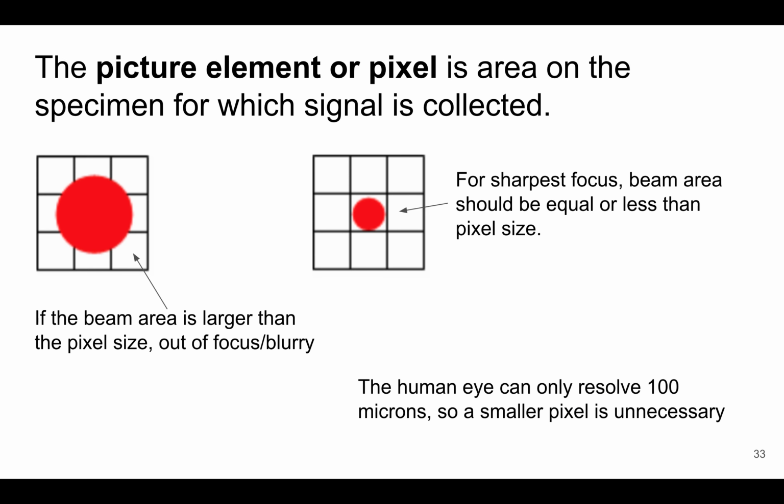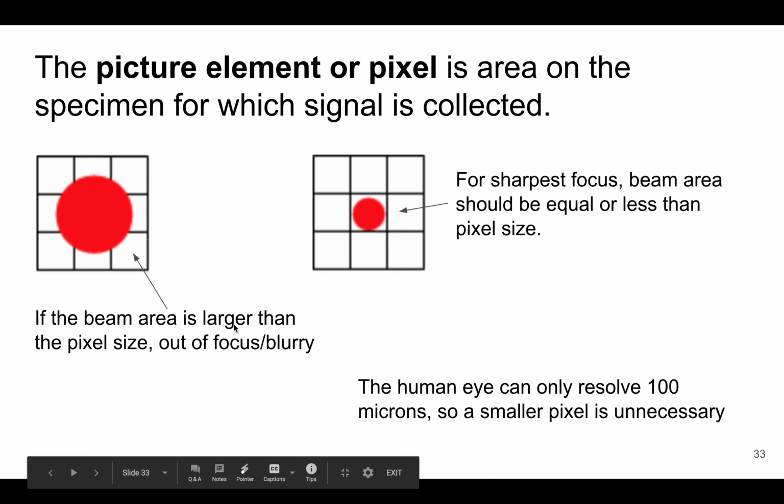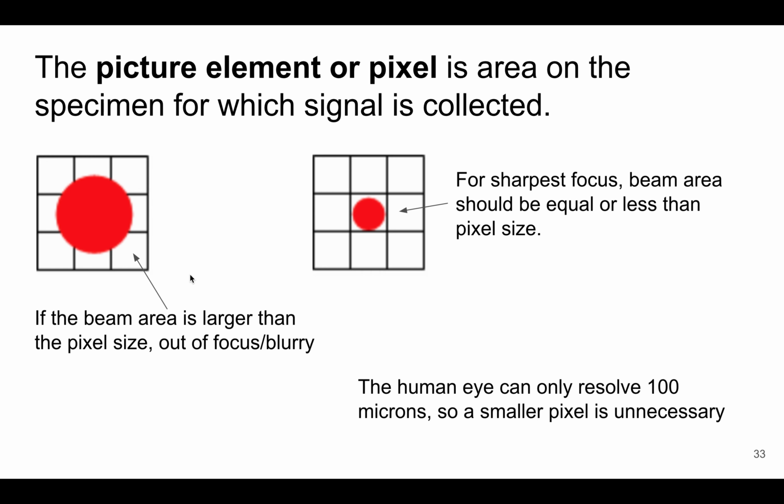Each position that the electron beam is held at, the area of the sample in which the signal is collected, is known as a picture element, or what you know as a pixel. This isn't exactly the same as the beam. Obviously the two are connected, but we can have a beam diameter that's much larger than our defined pixel area.